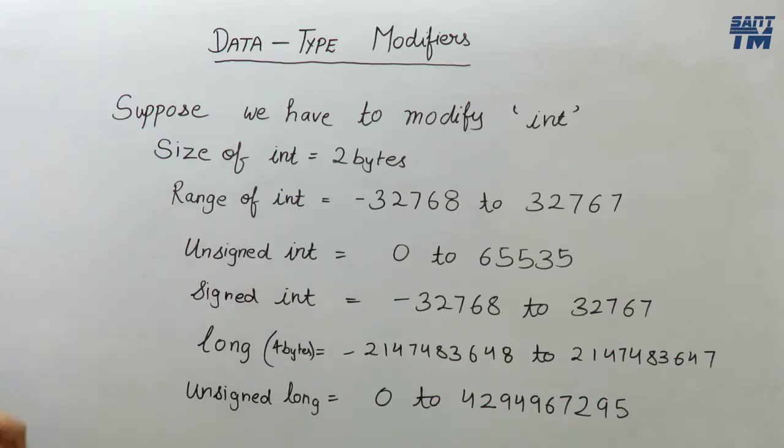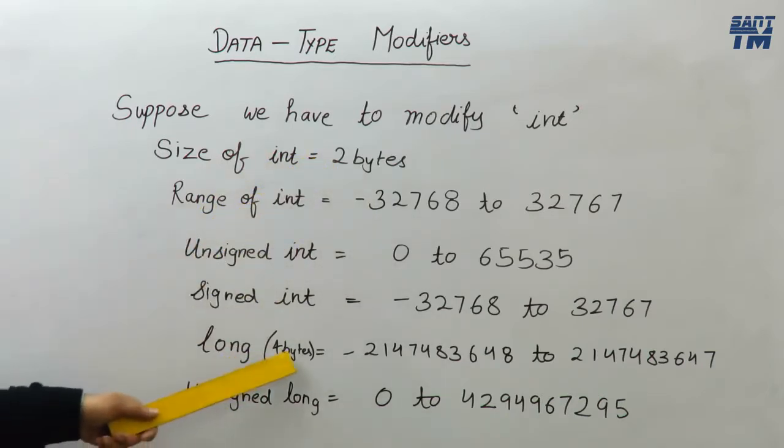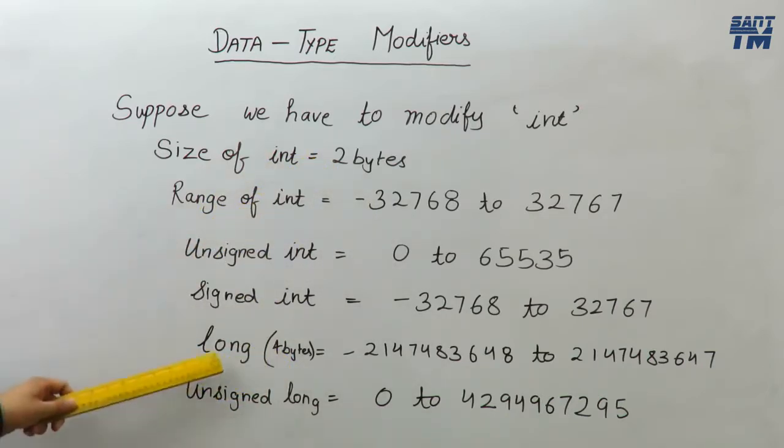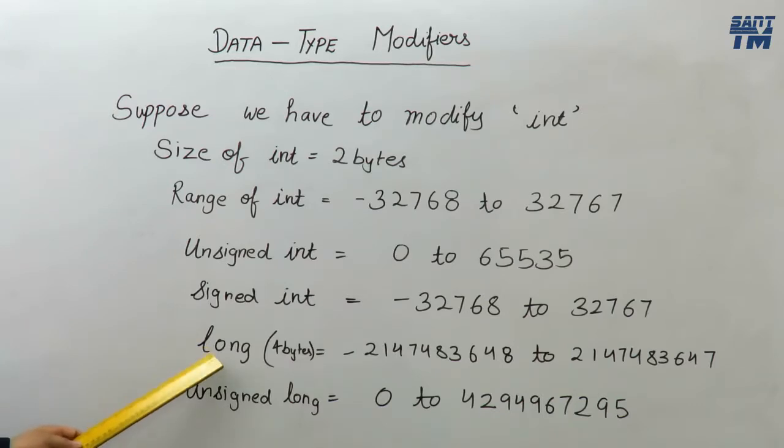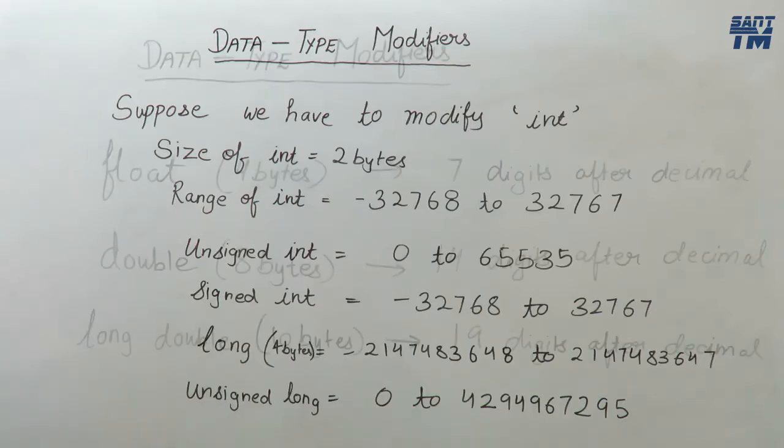So these are the different variations of data type modifiers that we can use to accommodate a larger number in a variable in a C++ program. Int has a size of 2 bytes, long has a size of 4 bytes. We can also call long a data type, as we have no need to write int with it. We can directly write long and the variable name after it.